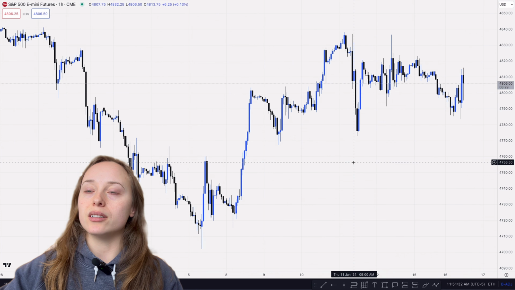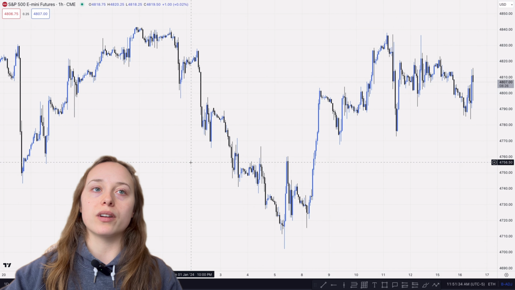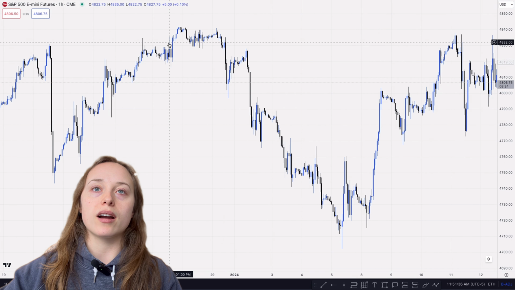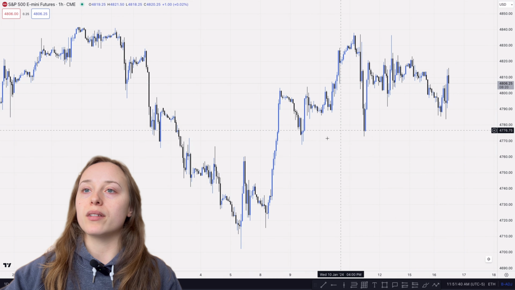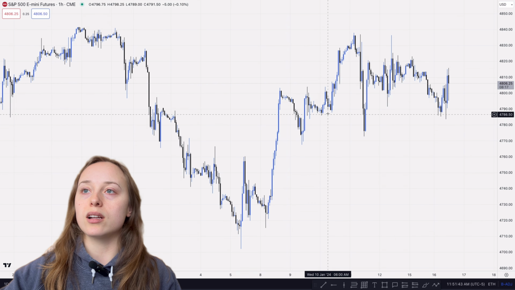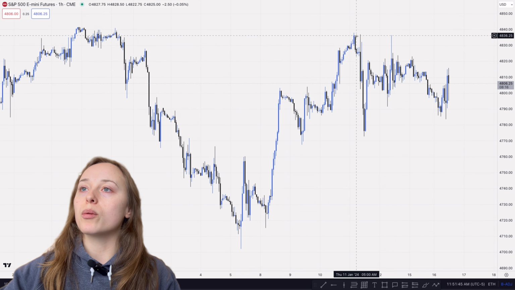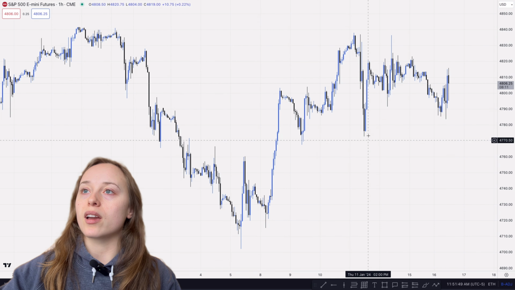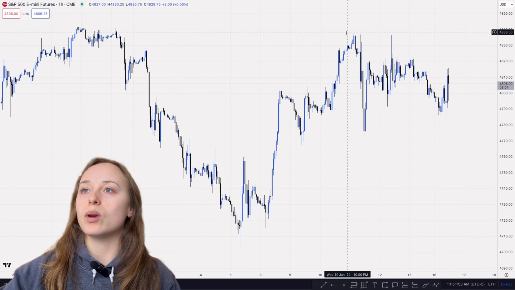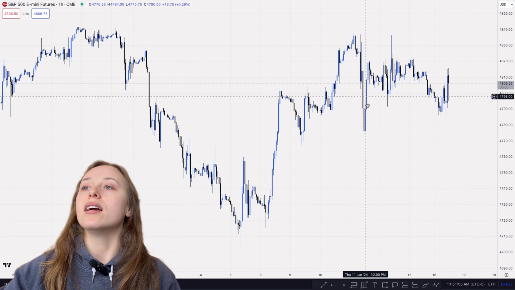All right, so as we can see, we have a couple of areas of consolidation. We have this area of consolidation take place before this move, or we even have a small consolidation here before this move. Now we're in this range right here, and I'd like to see it break below this low, and we haven't broken above this high.